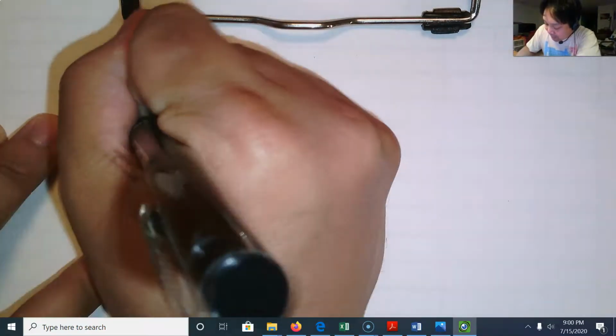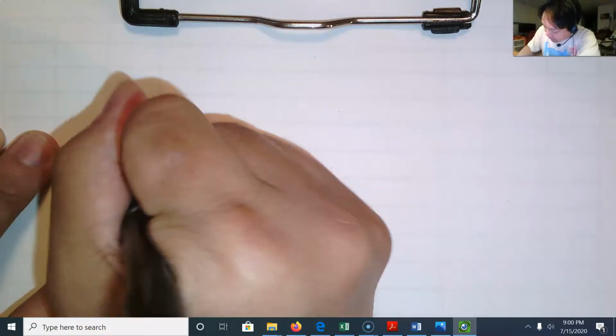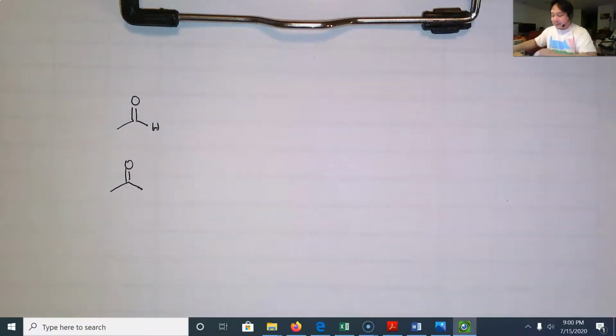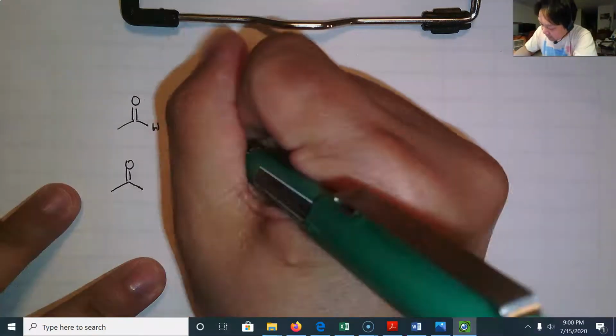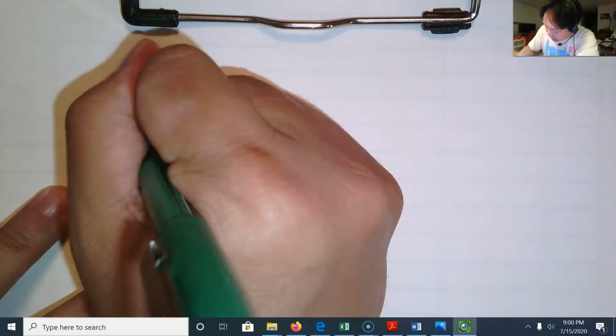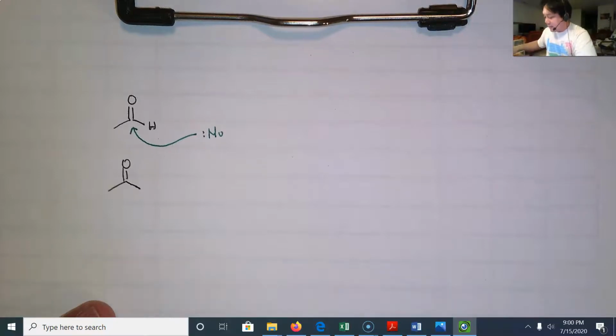So what am I saying? I'm saying that if you have an aldehyde or ketone, you have nucleophiles that can attack. Okay? But what about our derivatives? Right? These are aldehydes and ketones.